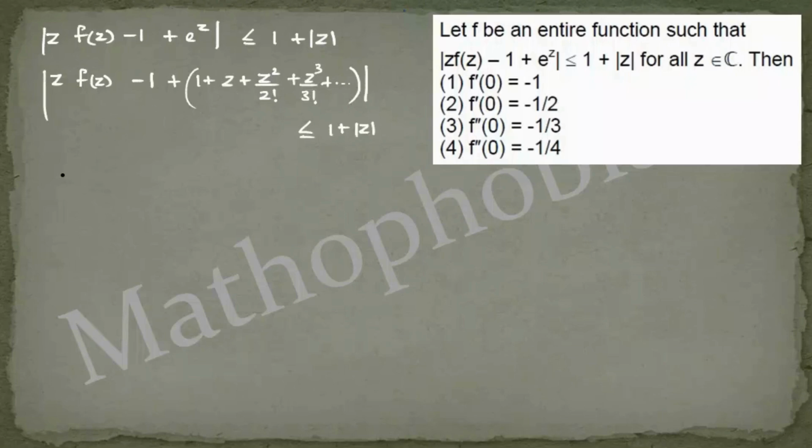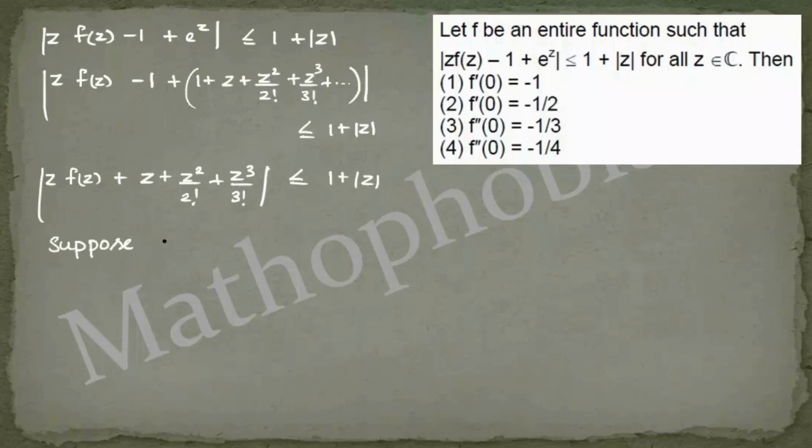So this implies z into f of z plus z square by 2 factorial plus z cube by 3 factorial, because the minus 1 and 1 cancel. So this is less than or equal to 1 plus mod z. So suppose we assume the value inside the modulus, z into f of z plus z square by 2 factorial plus etc., is equal to 0.